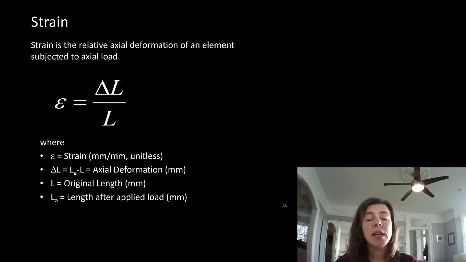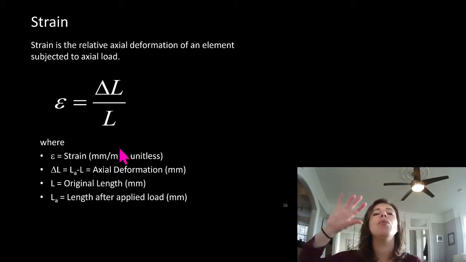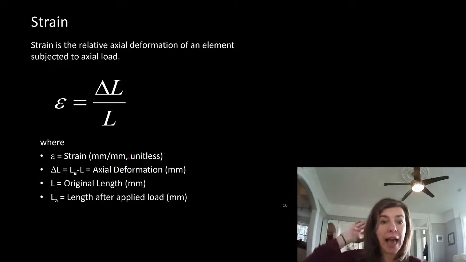You don't have to. If you're really good at holding that info in your head, no problem at all. But writing millimeters per millimeters, understanding that that means it's unitless, might come in handy when we move on to looking at some of the more complex equations where we combine stress and strain.